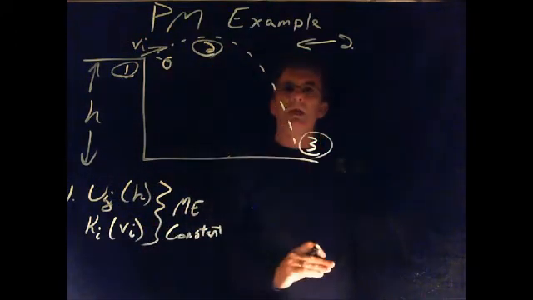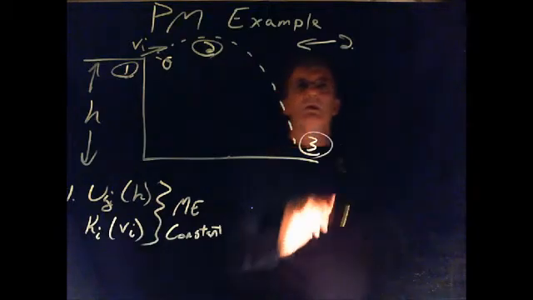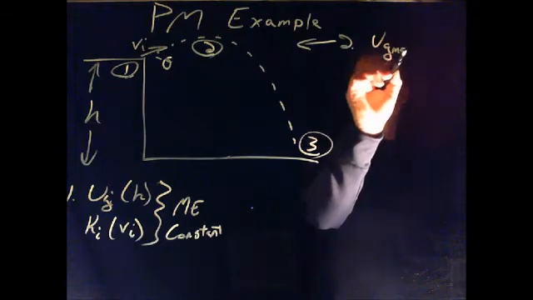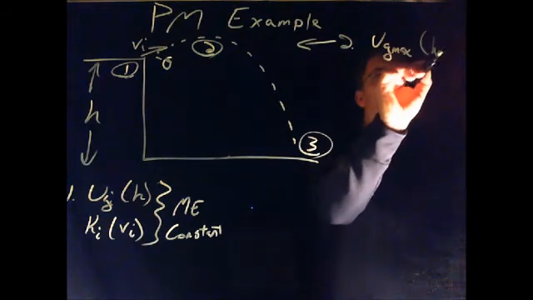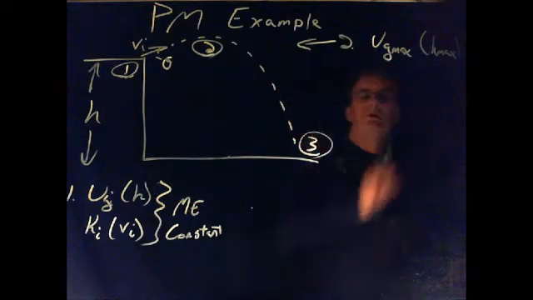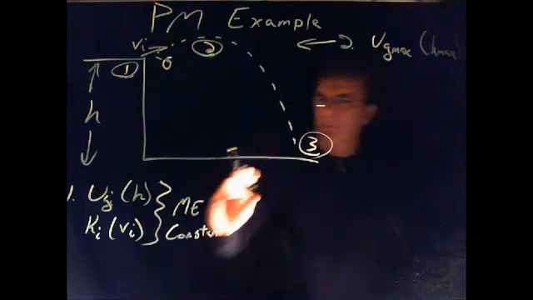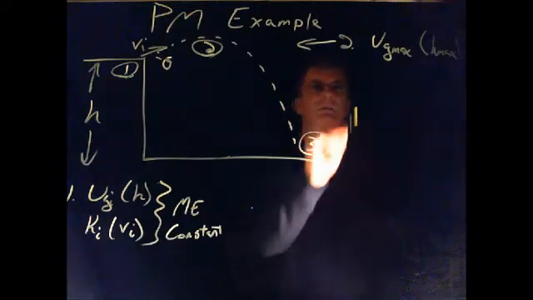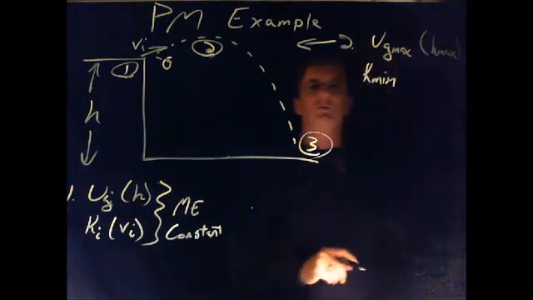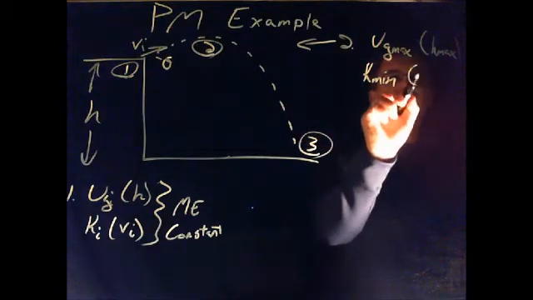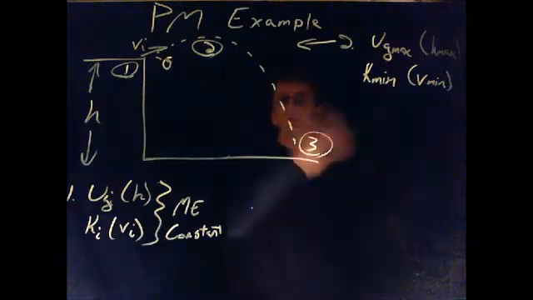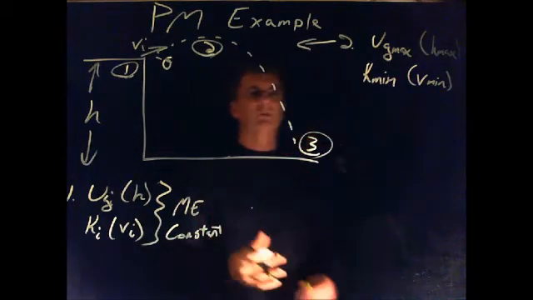Point 2 is at the peak, and so at point 2, our gravitational potential is a max because we're at our maximum height. If our gravitational potential is a max and our total is a constant, then we must be at our minimum kinetic energy, which means we're at our minimum velocity.